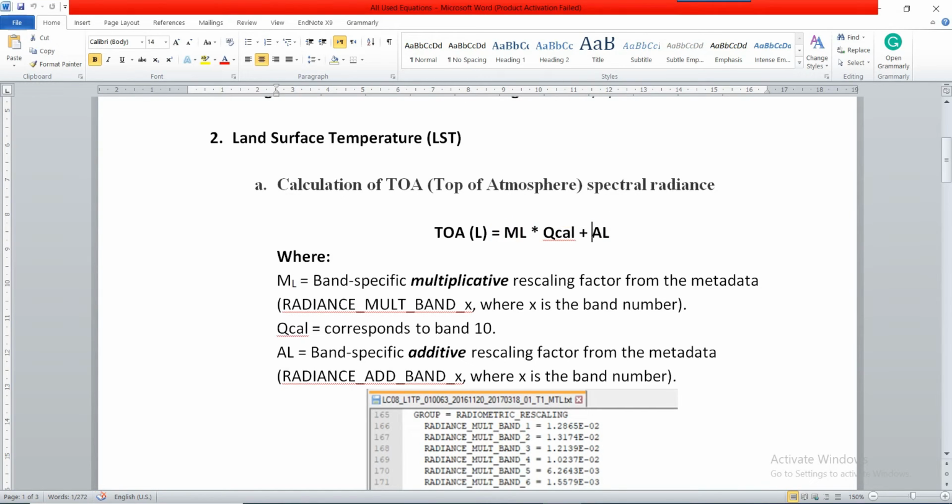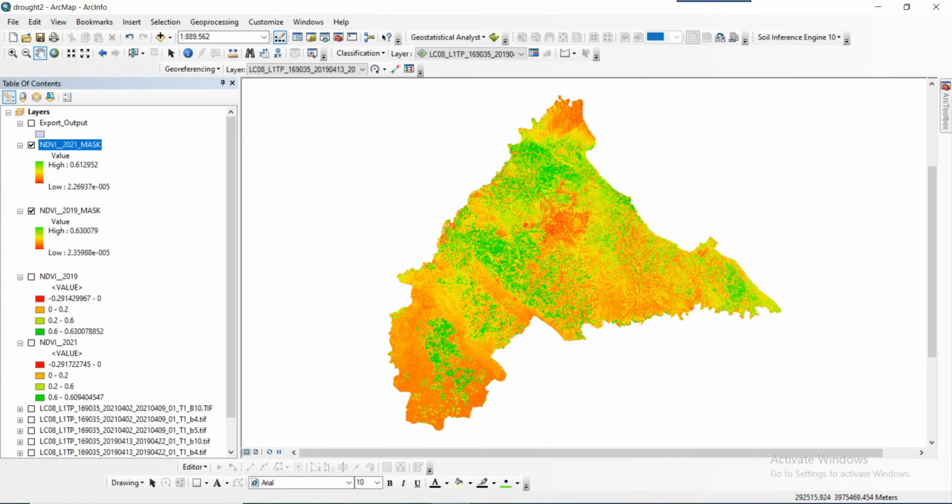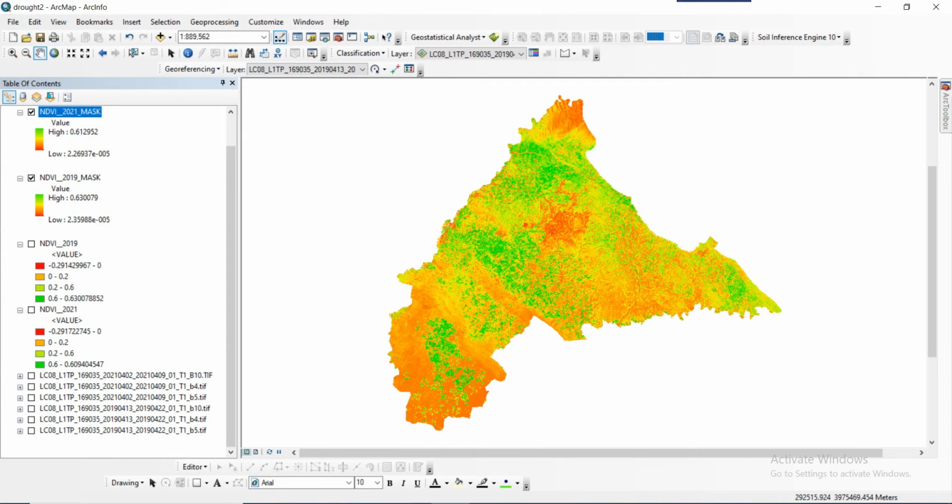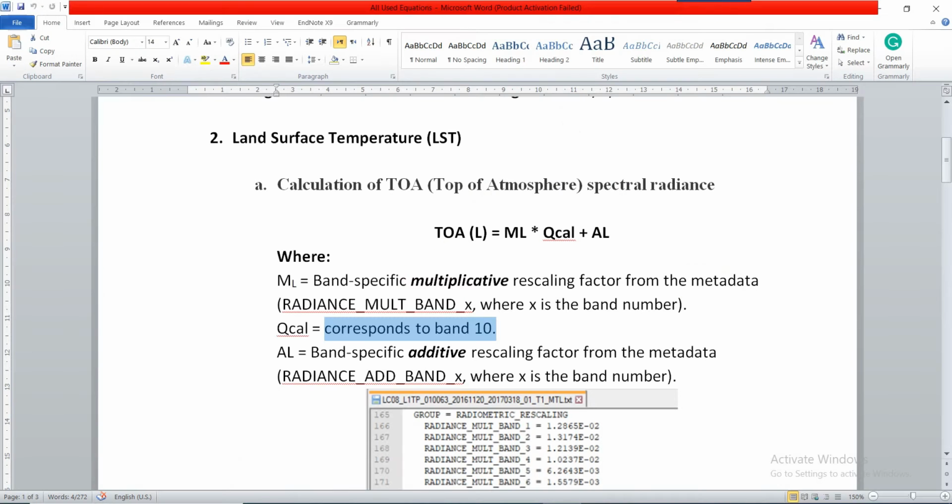ML and AL are the multiplicative rescale factor and additive rescale factor, and Qcal is band 10 itself, which is used to calculate the LST. You know, for NDVI we use bands 4 and 5, and for LST we need band 10 if we have Landsat 8, of course.